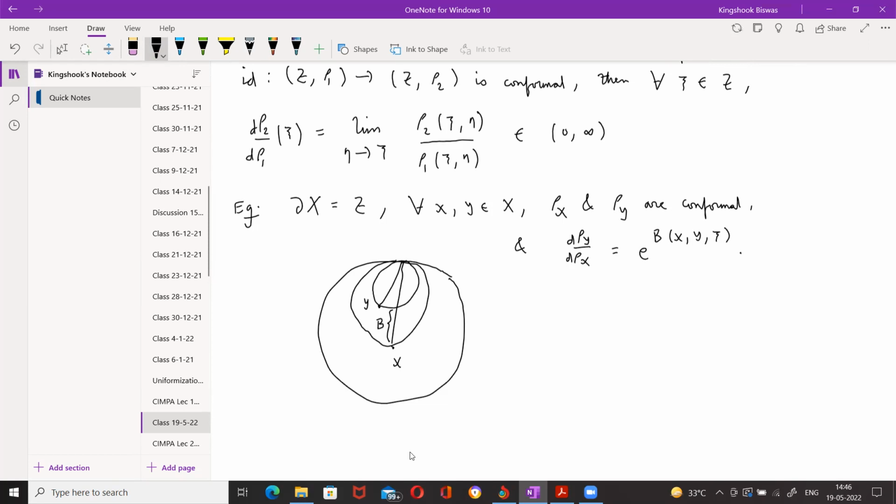So what does this formula mean? This formula tells you the ratio between sizes of objects. If I have an object here, let's say a little man, and I'm looking at this person on the boundary from y and from x, and this Busemann function, this distance, is t, then viewed from y this person will look bigger by a factor e to the t as viewed from x, right?